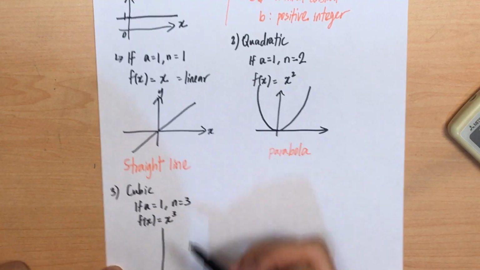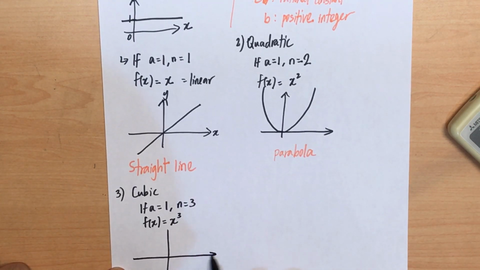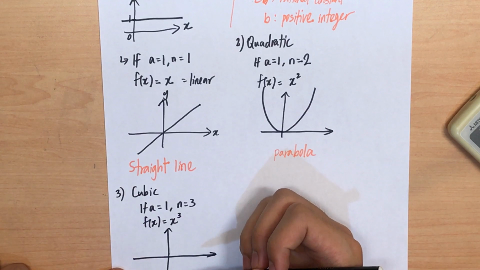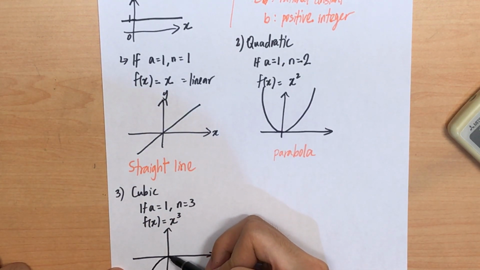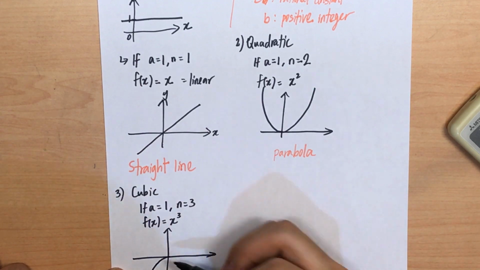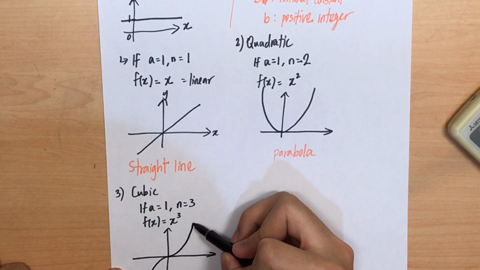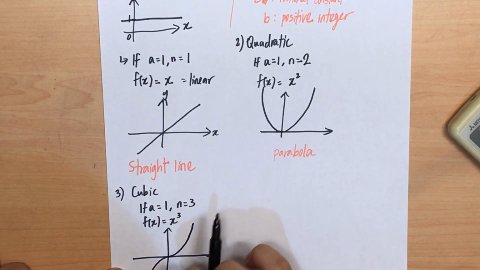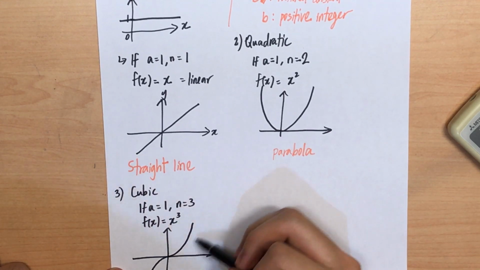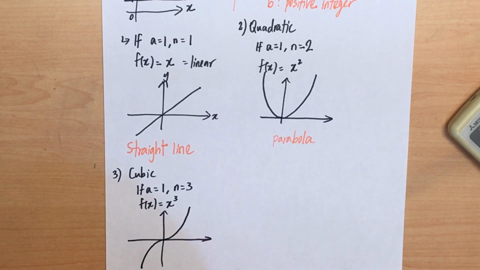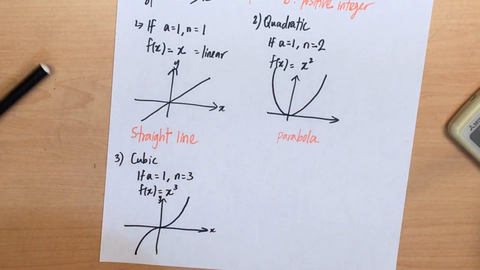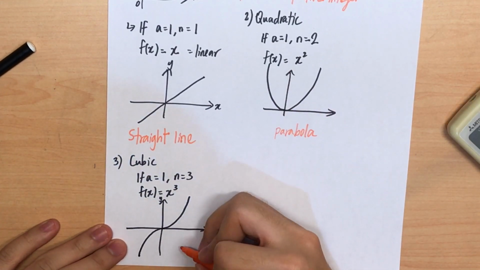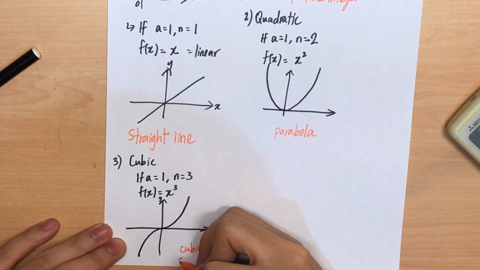Just ignore my curly straight line. It curves at x less than 0, and then goes outward to infinity. This is your y-axis, your x-axis. It's called a cubic curve.